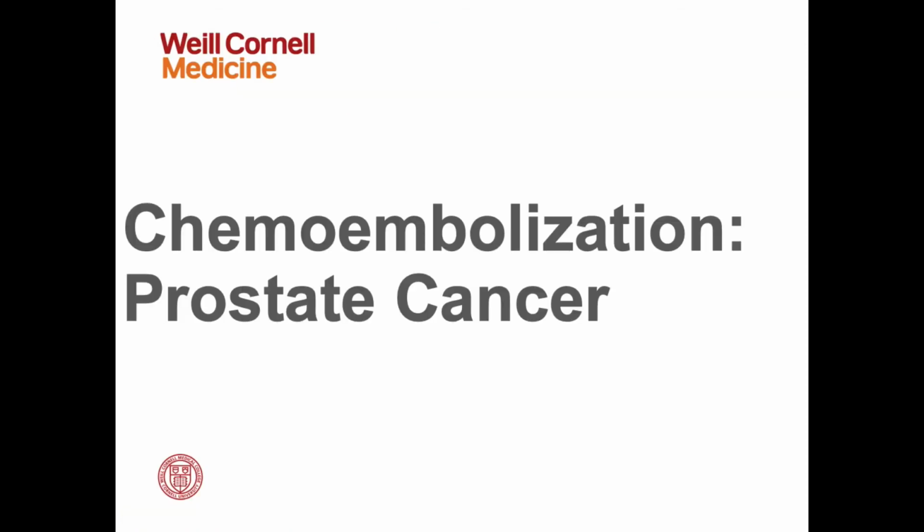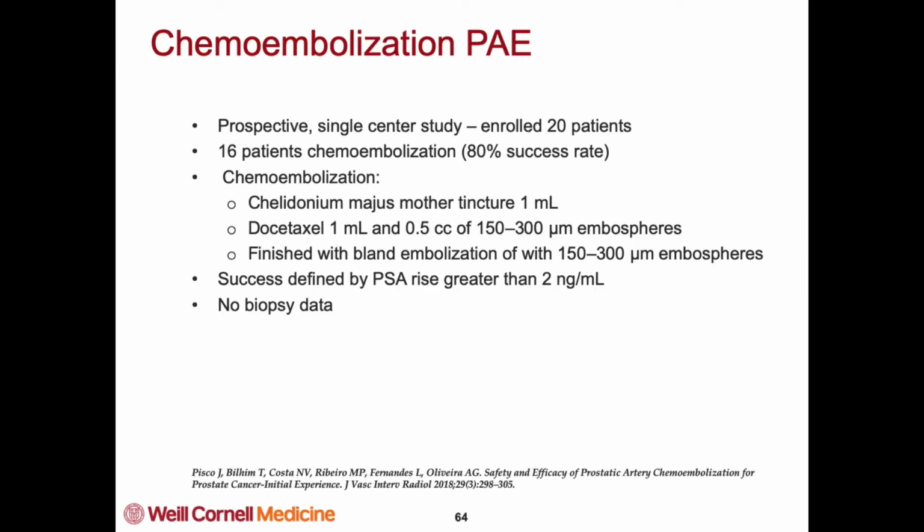Then the other study was from Pisco, who unfortunately passed away this year. But his study wasn't great. I think it was poorly designed, to be honest with you, because they basically embolized with this mother tincture chemical and then docetaxel, and then just did a bland embolization after.